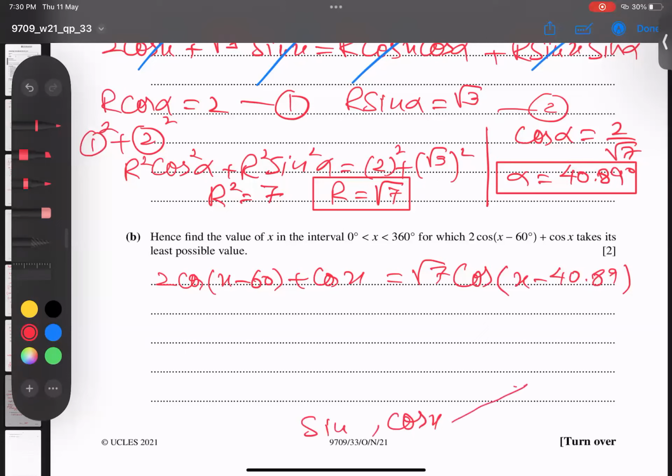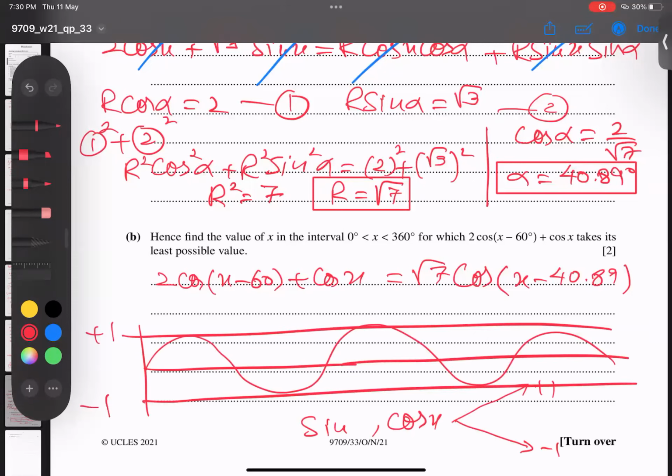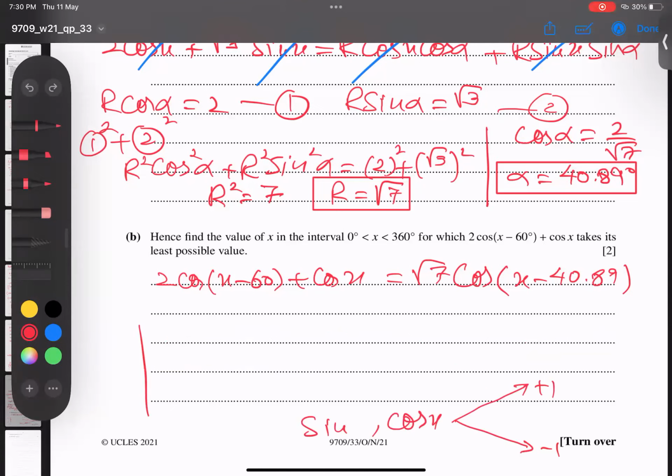The highest value is +1 and the lowest value is -1, because when you sketch the sine curve or cosine graph, it stays within the limit of the highest value +1 and the lowest value -1. It never goes up. It stays between +1 and -1. So it means I can say here, so simple, students, replace the whole cos, including x, including the angle, everything.